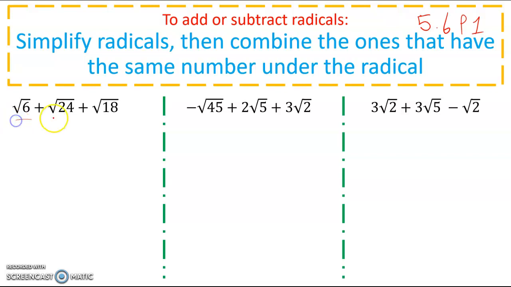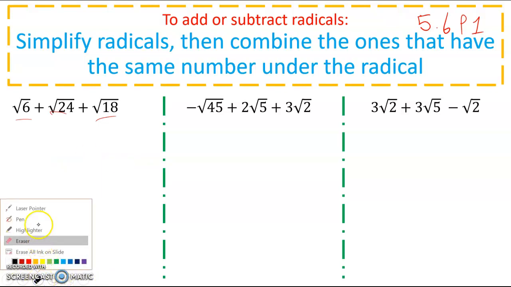In order to add these together, they have to be the same exact number underneath the radicals. Just like if you were to combine 3x plus 2y plus x, and I told you to combine like terms, we would only combine the x's. We wouldn't combine the y's. So it's basically the same thing here. We want to combine our like terms in order to simplify down. So let's go ahead and do that.